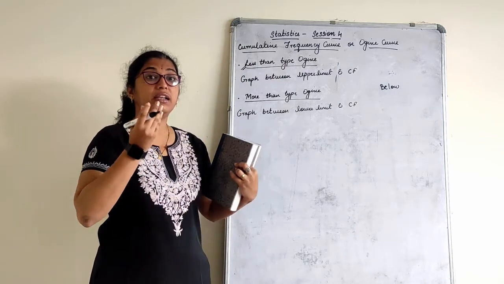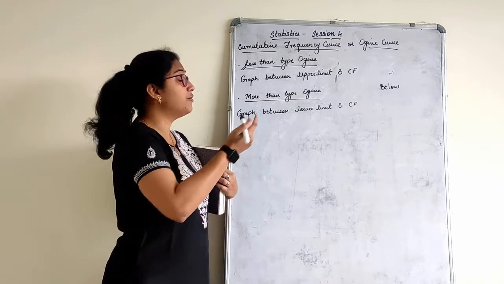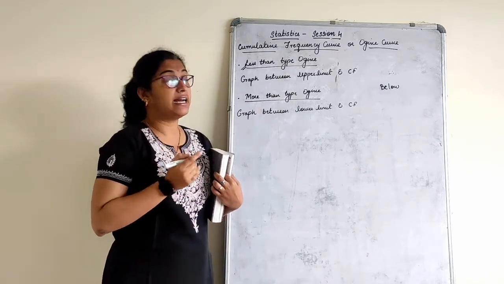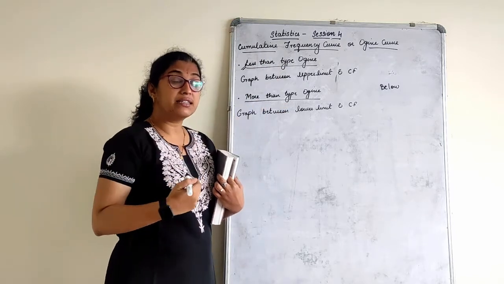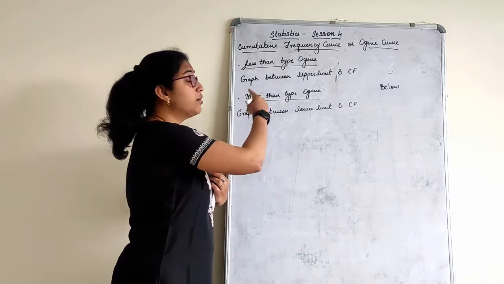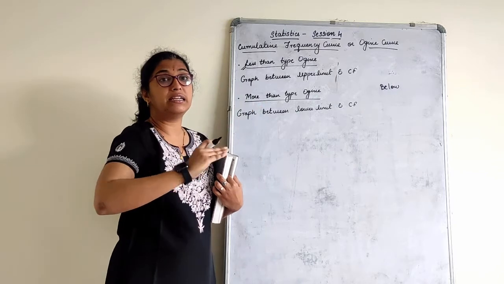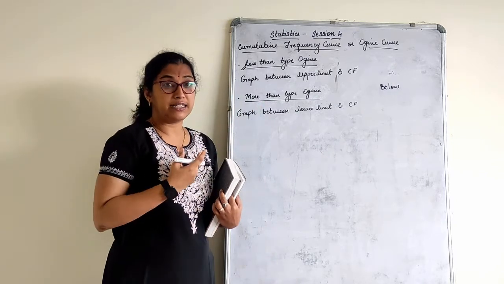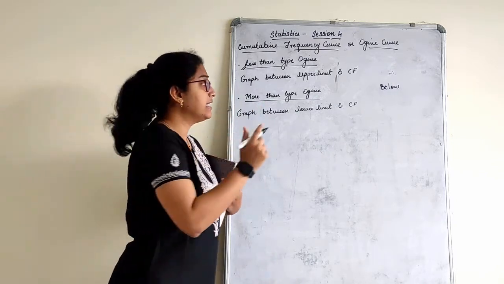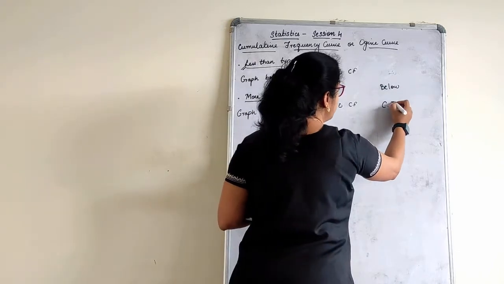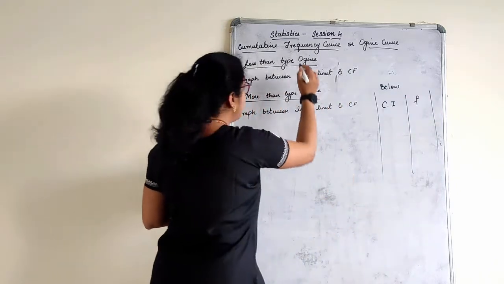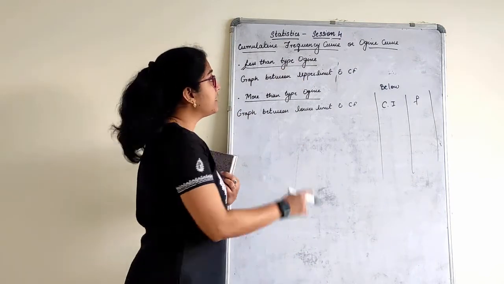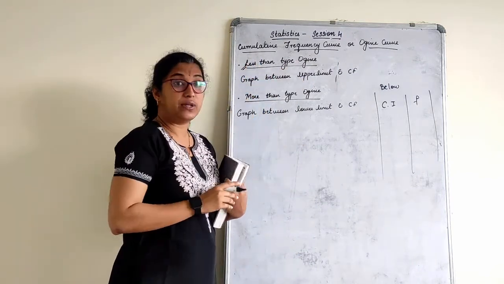A class interval given in the form of less than type is called a less than type curve, or a class interval given in the type of more than 20, more than 25. This tells us that if only a class interval and a frequency is given, we cannot calculate the ogive curve here, or the cumulative frequency curve.